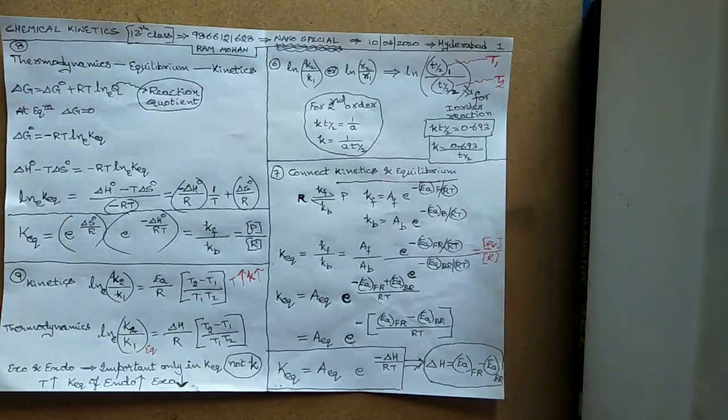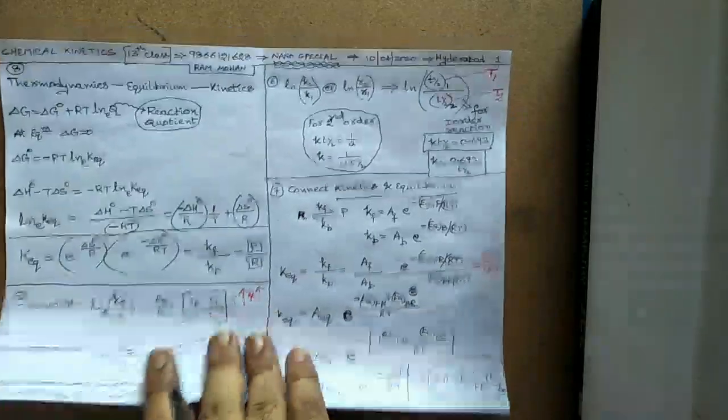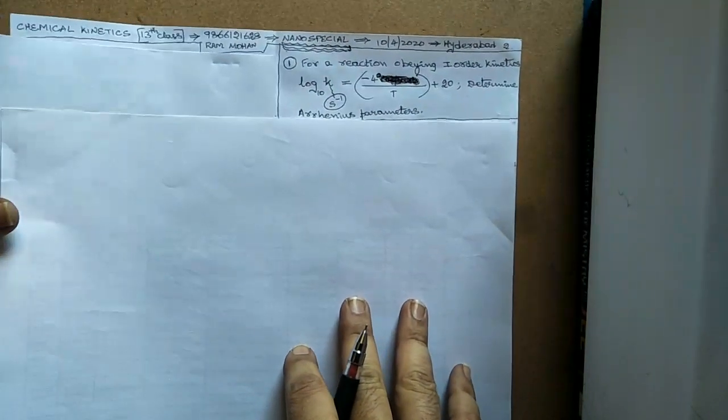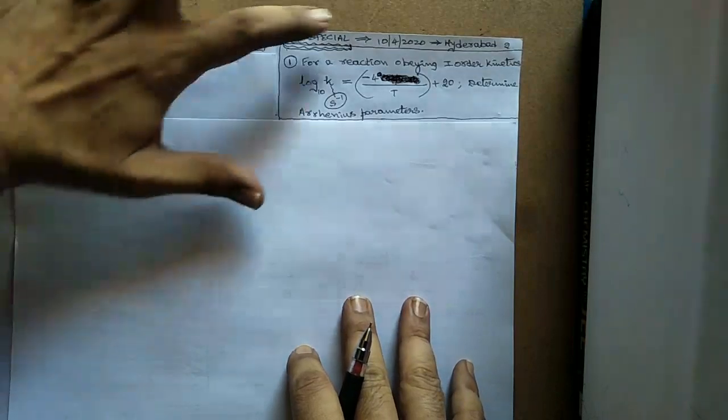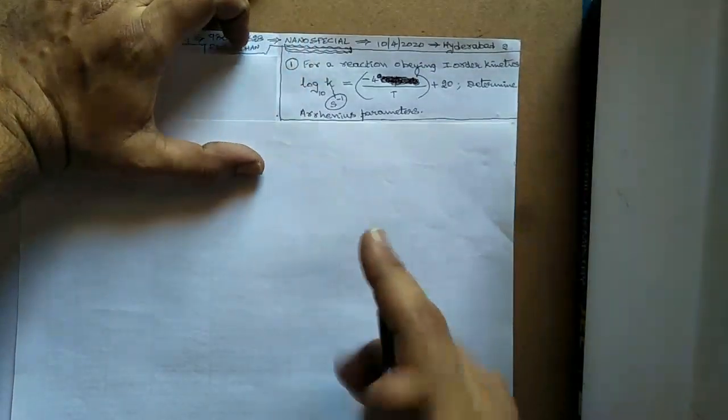so let's start with the first problem. Take down the first problem. For a reaction obeying first order kinetics, this is what we have.